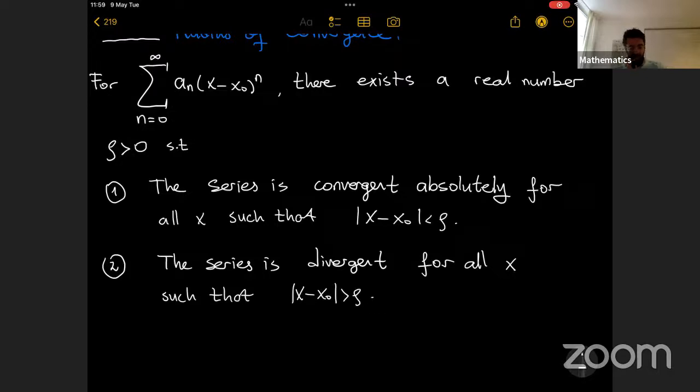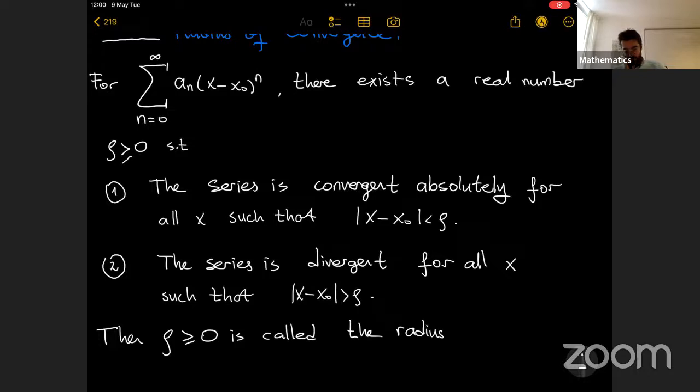Okay, then this rho is called, well, I should say this can be 0 as well, rho is called the radius of convergence.